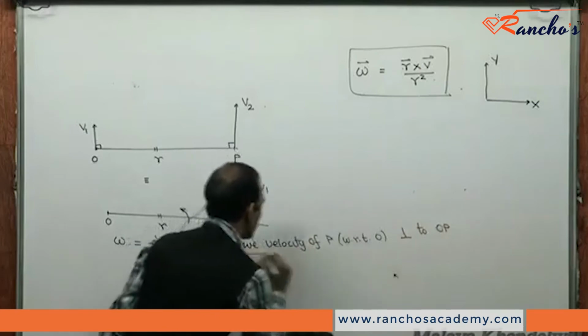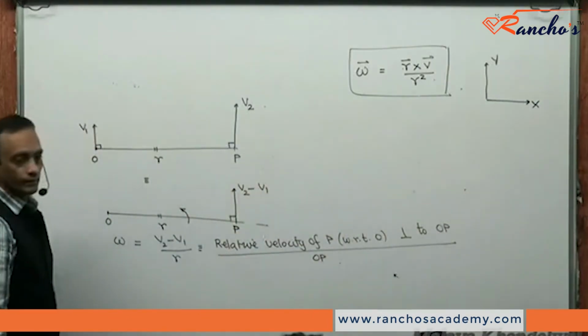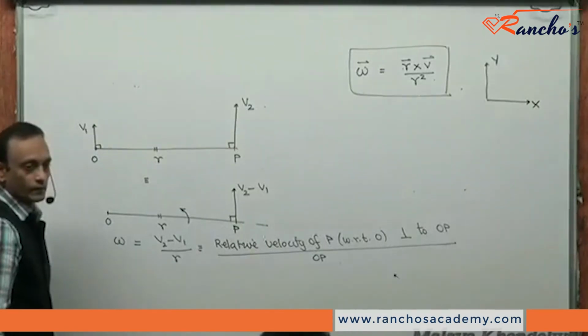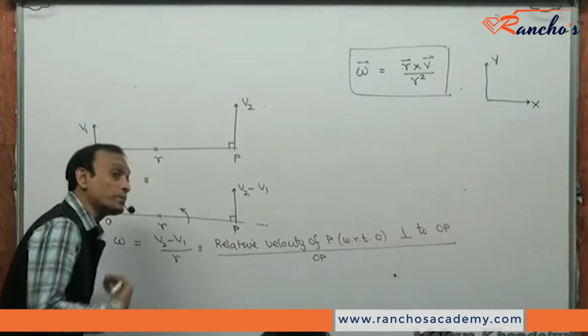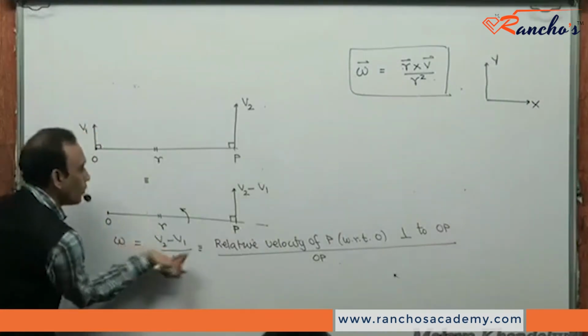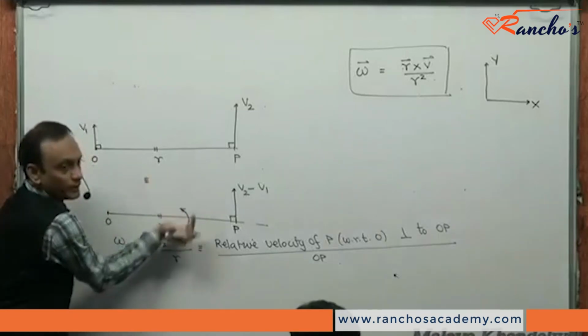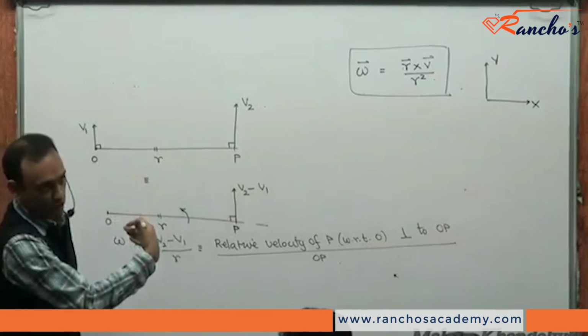OP is the line joining the particle and the observer. So what contributes to angular velocity? Relative velocity perpendicular to the line joining the particle and the observer. Now in this case, OP as seen by O is swiveling this way, anti-clockwise. So omega comes out of the plane of the board for the figure that I have drawn, right?